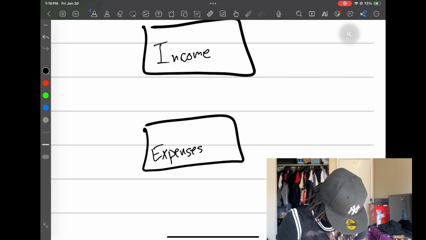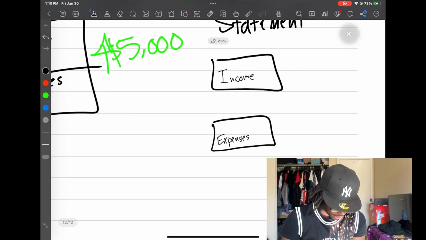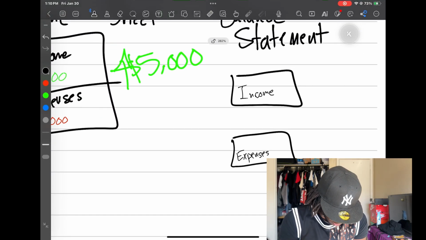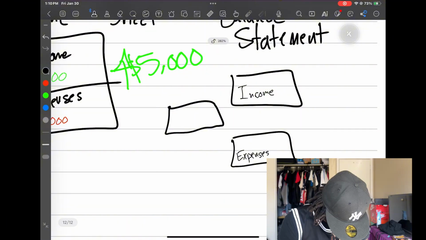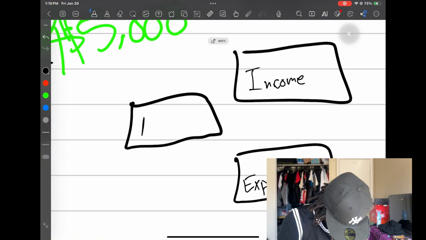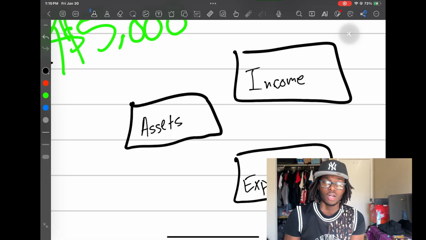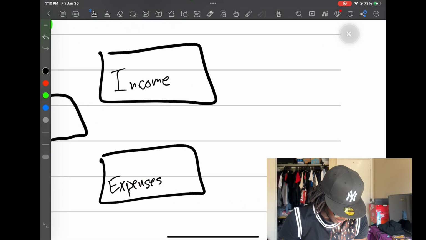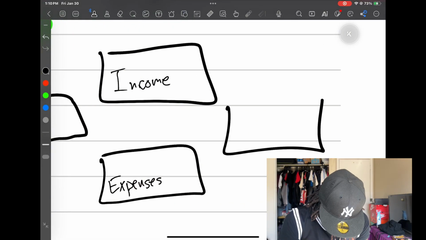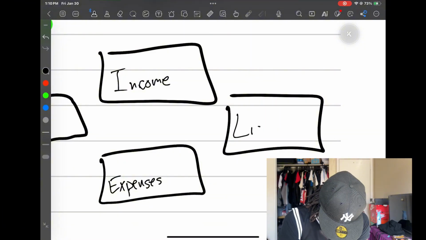But now, instead of just income and expenses, you also have a box called assets. And then you have another box called liabilities.